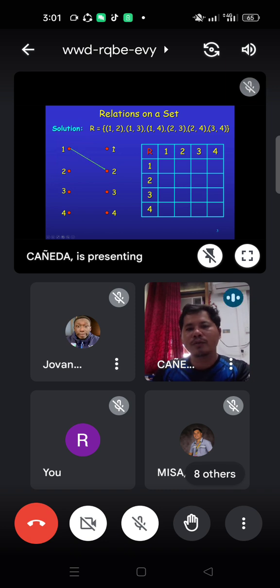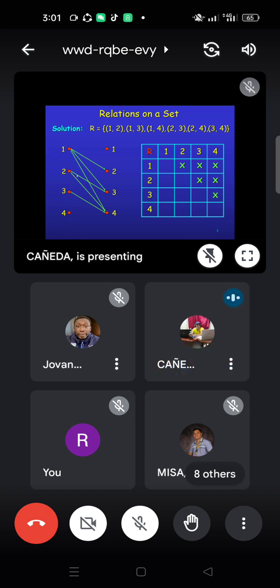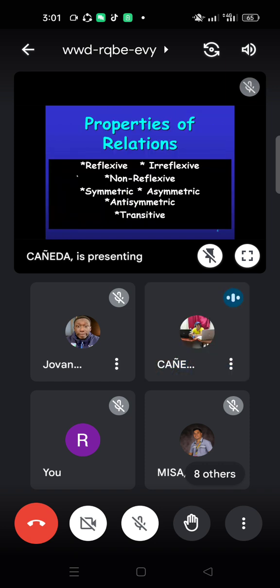We have a set of elements, one in the domain, and we have also our range. 1 is mapped to 2, 3, and 4. 2 is mapped to 3, then 2 is mapped to 4, and 3 is mapped to 4.